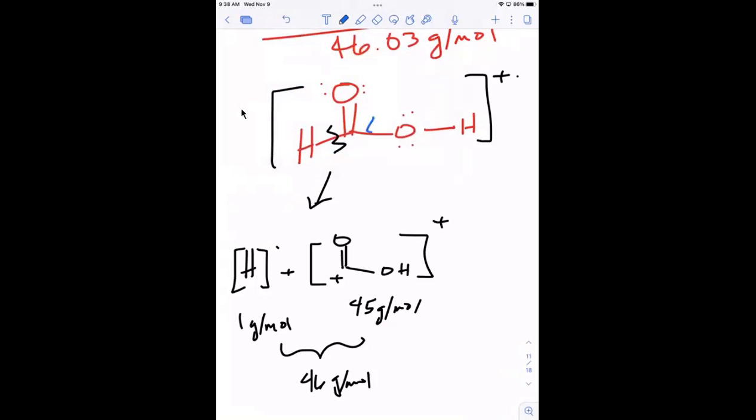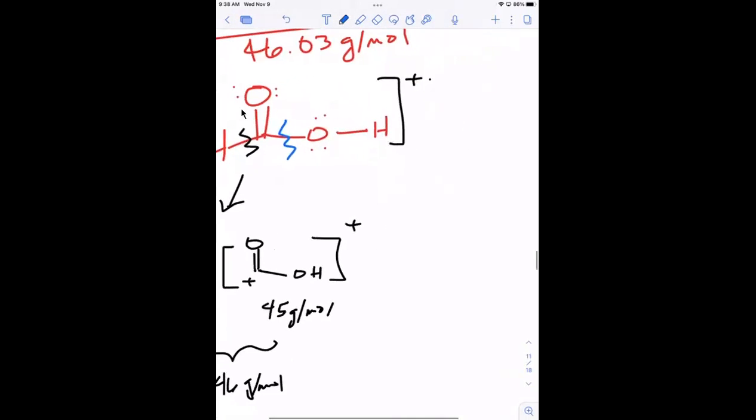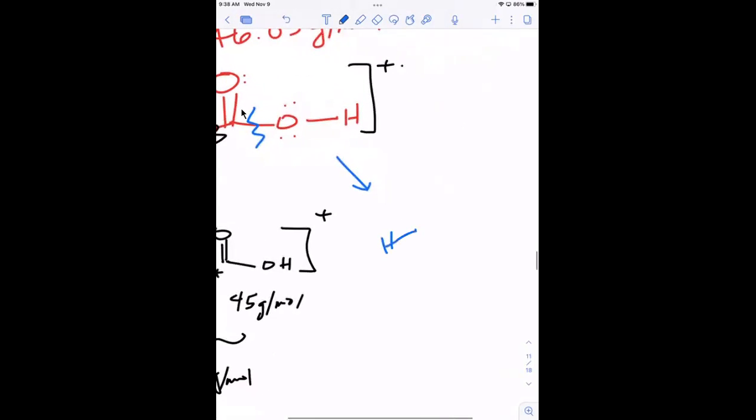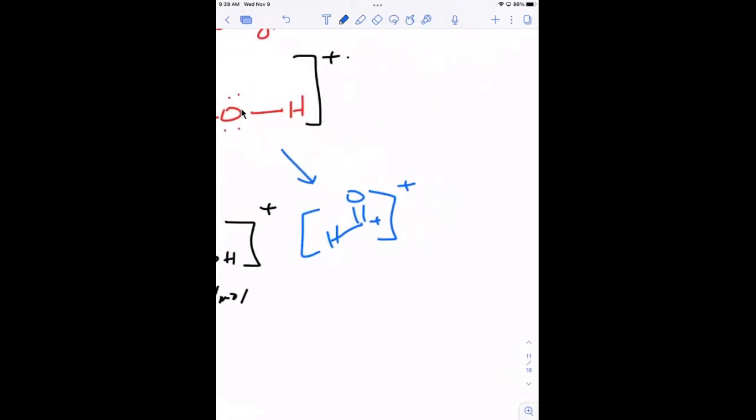Right, if I cleave it here, I'm going to get two fragments. One is going to look like this, and I'll make that my cation again, because that carbon can be stabilized by resonance. And then here, that'll be my radical.